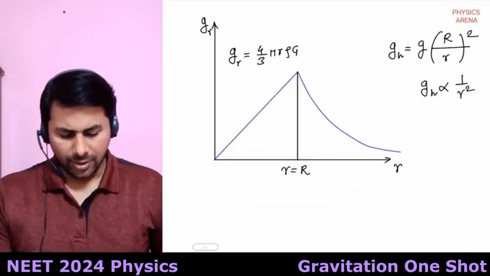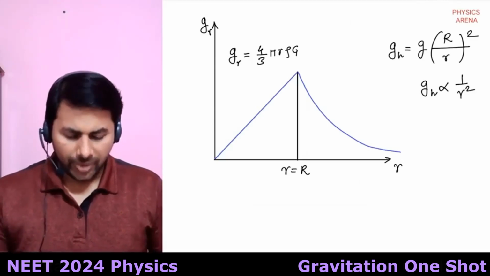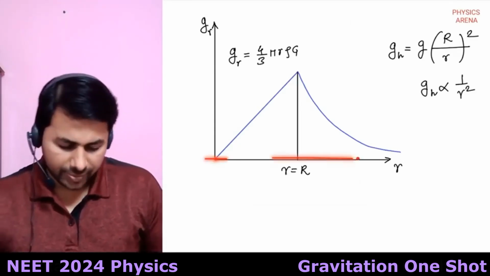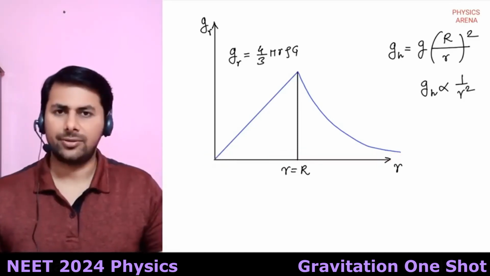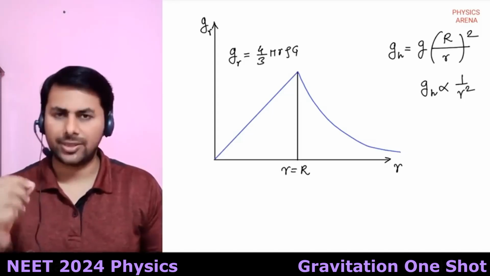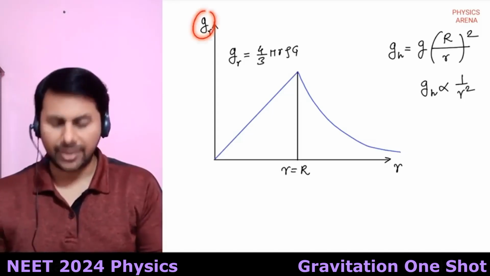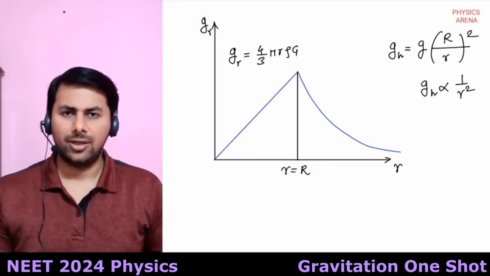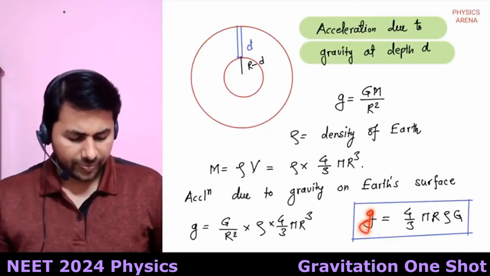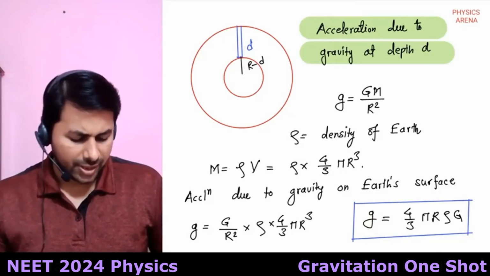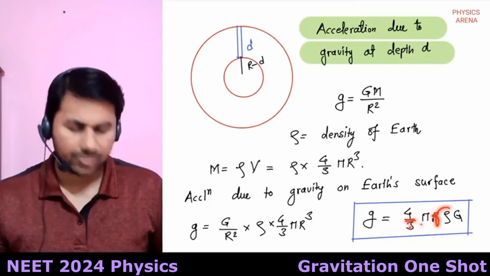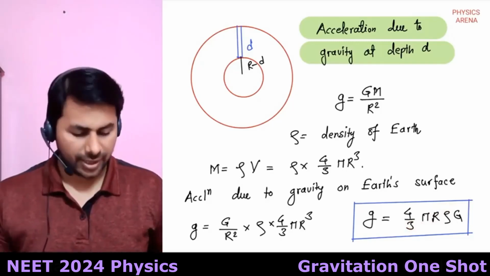Now, if I want to plot acceleration due to gravity starting from the center of Earth, what will be the value of acceleration due to gravity if I plot that versus distance? Here, g at radius r will be 4 by 3 pi small r rho g.